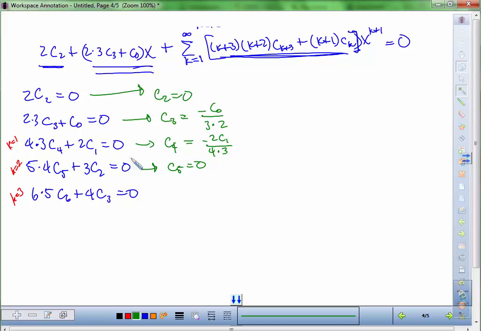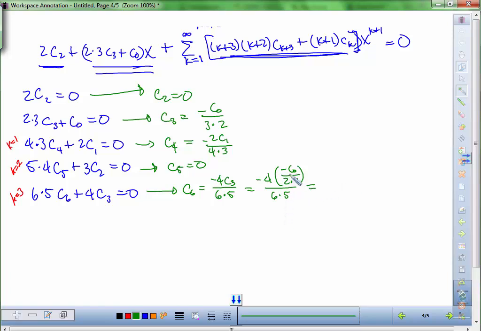Looks like we might need to find a couple more terms, but let's write out this last one. c6 is going to equal negative 4c3 divided by 6 times 5. Now we do have something for c3, right? So this is negative 4, and then c3 is equal to negative c naught over 2 times 3, divided by 6 times 5.